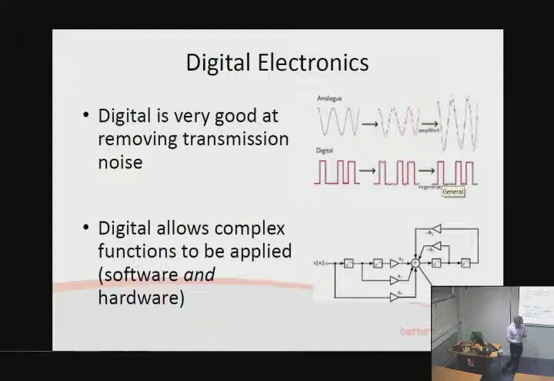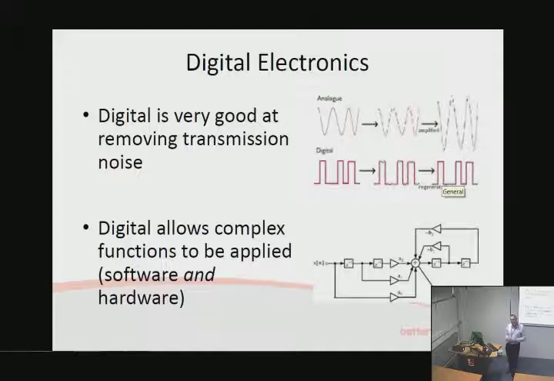It also allows us to do some extremely complicated functionality on that signal. We're all used to an AM radio, maybe you're not in the newer world. But the key point is that software and hardware at the digital level allow us to do extremely complex processing, which would be quite difficult otherwise.